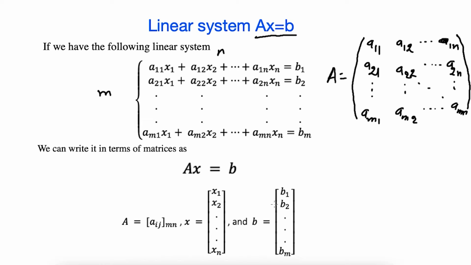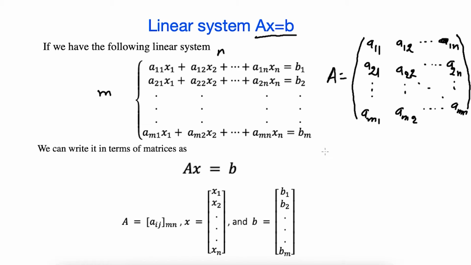So b equals b1, b2, bm. The number of components in the b vector equals the number of equations, and the number of components in x equals the number of unknowns, because x is the vector of unknowns. When we multiply this matrix A by this vector x, we will get the left side, and b will be the constants on the right side.